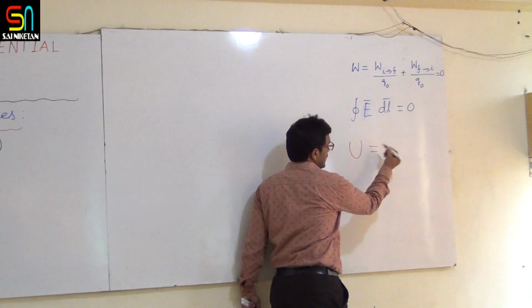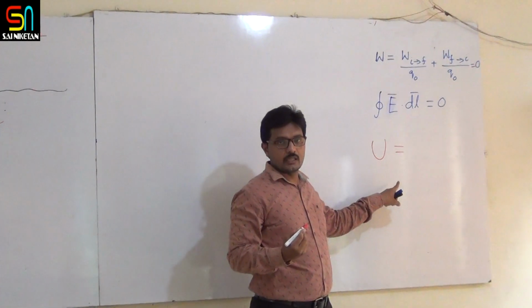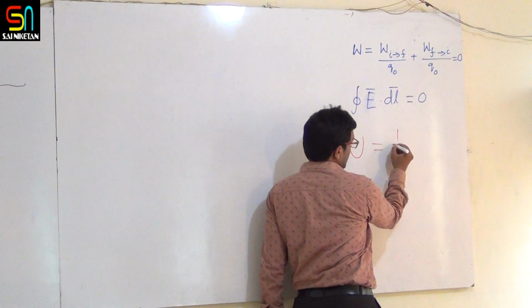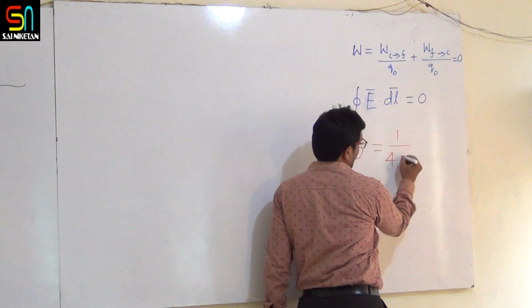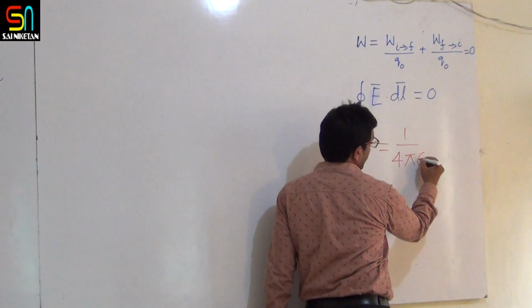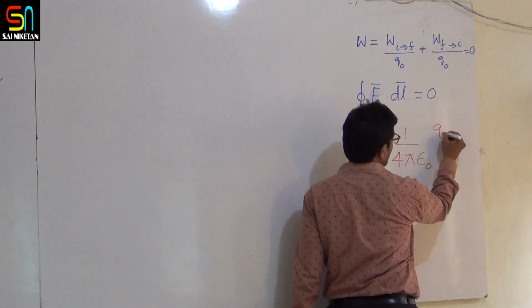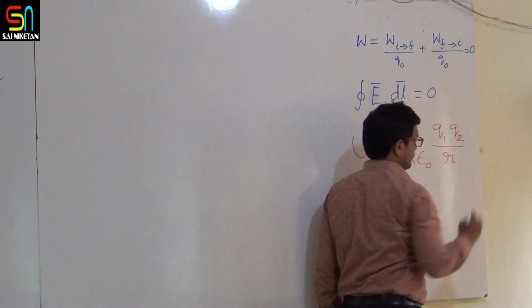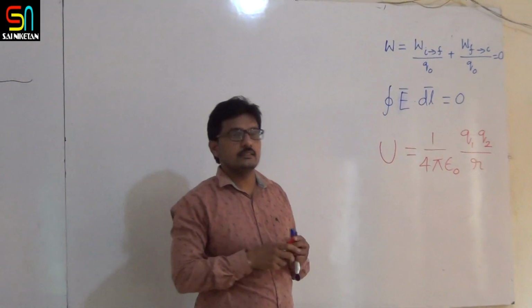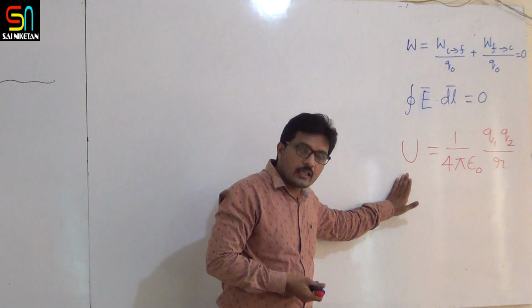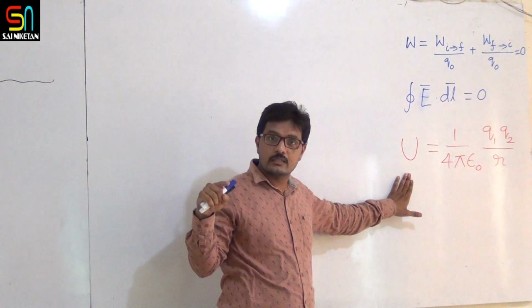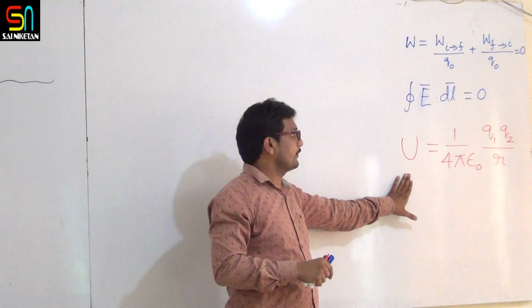Now the potential energy of a system of two charges: we got U, the symbol for the electric potential energy, equal to 1 by 4 pi epsilon naught Q1 Q2 divided by R. This is the electric potential energy of a system of two charges in the absence of an electric field.